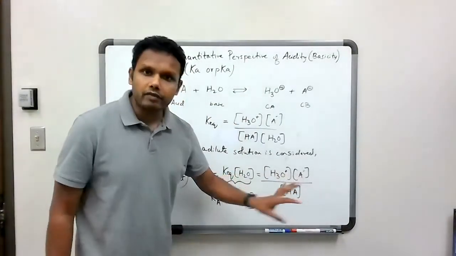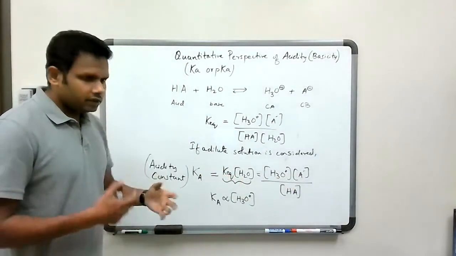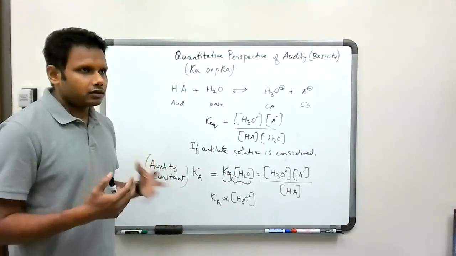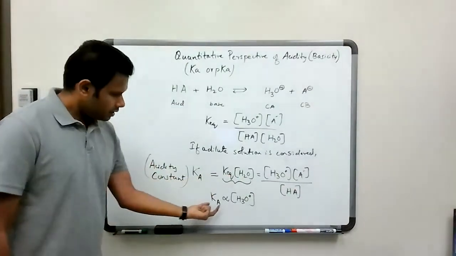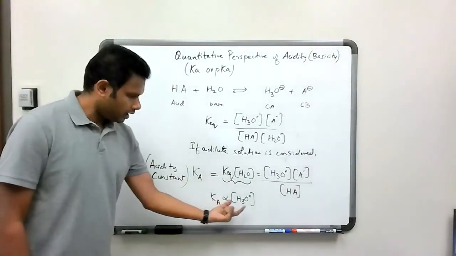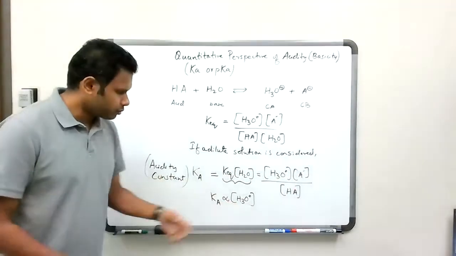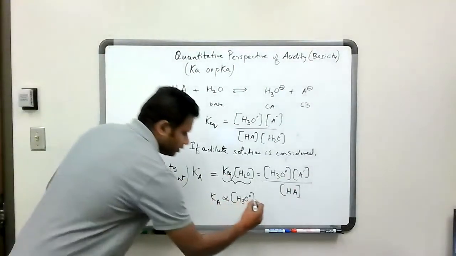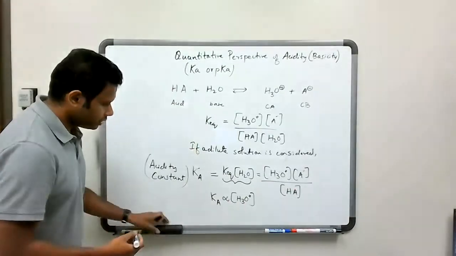But we do not have to look at that. The only thing of physical significance for us here is that Ka has a direct proportionality with the concentration of protons. So if this is large, then Ka is also going to be large.